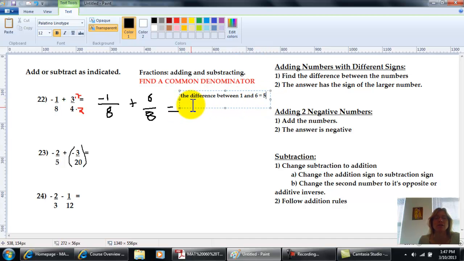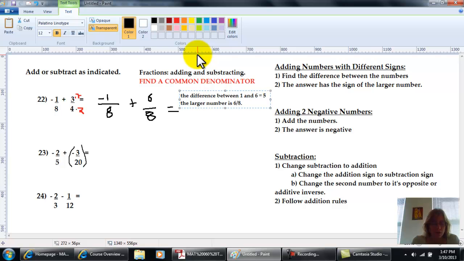Now we have to decide the sign that that 5 will have, and we go with the larger number. Now with fractions, a larger fraction has the larger numerator when the denominators are the same. You have to go with the one with the larger numerator. So the larger number is 6/8.